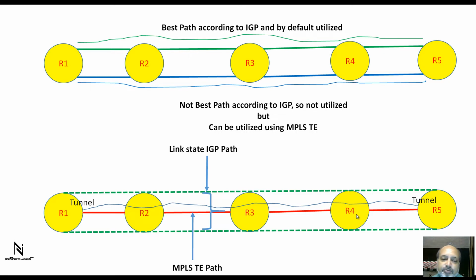So it will definitely follow the logic used by traditional SPF. That is, it will consider issues like bandwidth and administrative cost and so on. But at the same time, the paths which are prescribed by it will not be every possible path of the IGP domain, right?